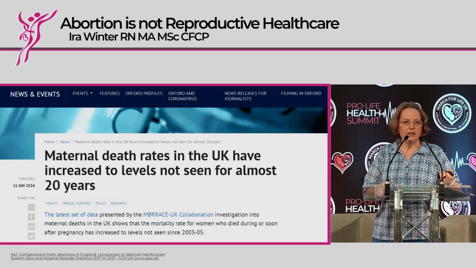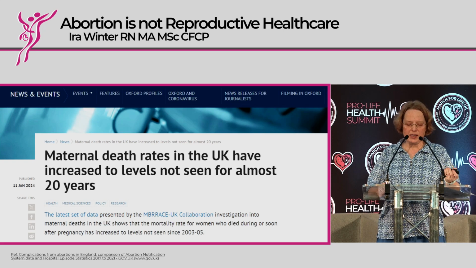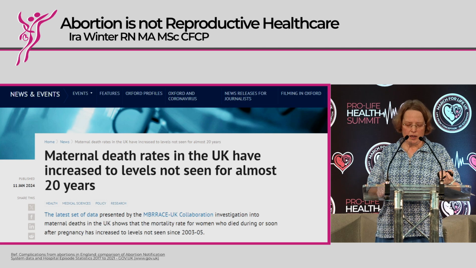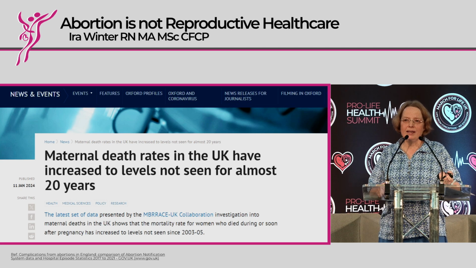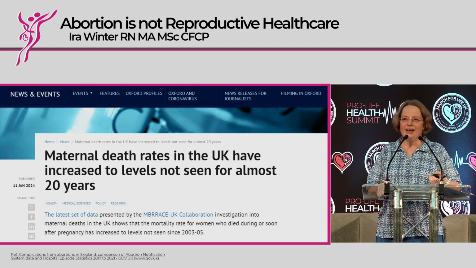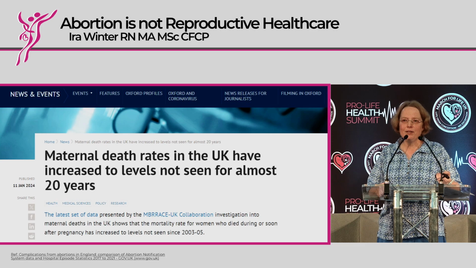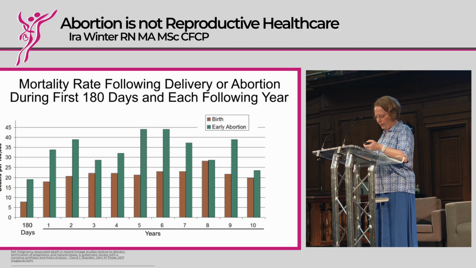In fact, this is a headline from earlier this year. There is concern about the maternal death rates in the UK. Now, I am in no way saying that abortion is the only factor. There are many factors that contribute, but our healthcare system, as I will show later, has a disconnect that we need to acknowledge.